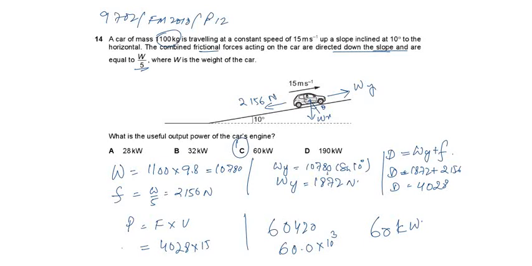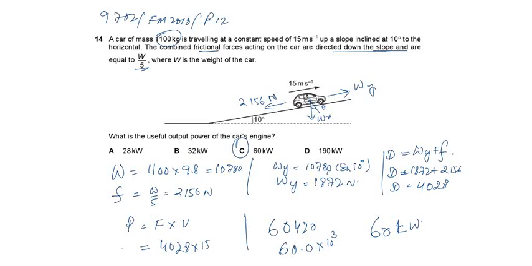So first, the frictional force is W over 5, where W is the weight. First we find the weight. Weight is 1100 times 9.8, which is 10780 Newton. So W over 5 is 10780 divided by 5, which is 2156 Newton, right?